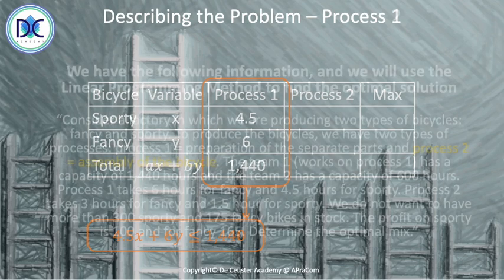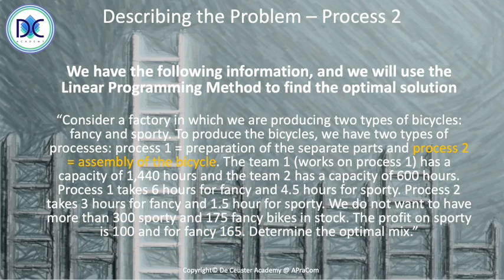The next thing is the process 2. That process 2 is the assembly of the bicycles. We're going to look at the second team. We have a team with a capacity of 600 hours, and we have 3 hours for fancy and 1.5 hours for sporty. We can put this again in our table.